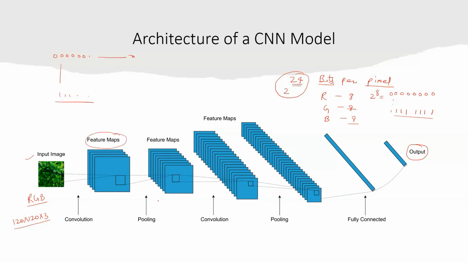Then you can apply the pooling layer, which takes the best, or maximum, part, based on the concept that the nearest pixels have similar values. So just take the bigger value and ignore the smaller value. That is a pooling layer. Then you can again apply convolution, and again a pooling layer. So this is basically the architecture of a convolutional neural network.